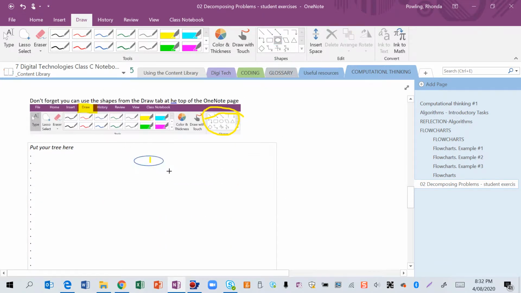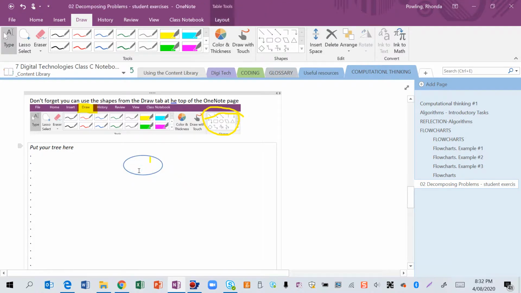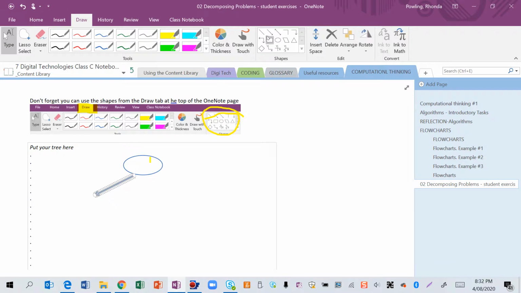I'm going to put it in the middle there. So I'm going to slice cheese. If I'm putting sliced cheese, I would double click in there and type sliced cheese, and then I would have my arrow going up that way.